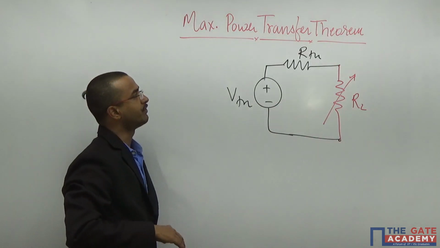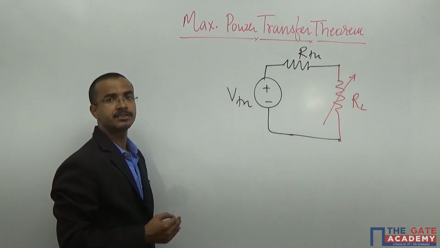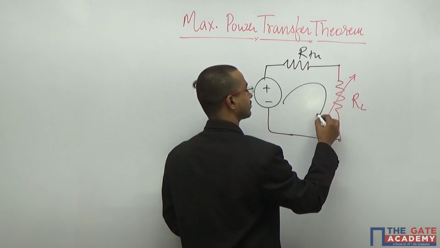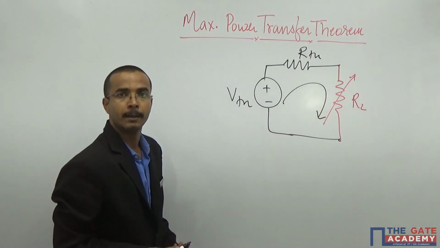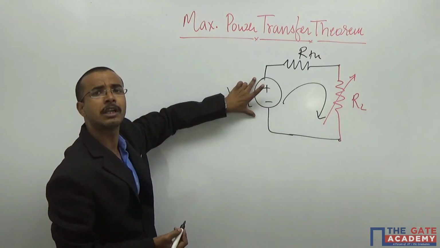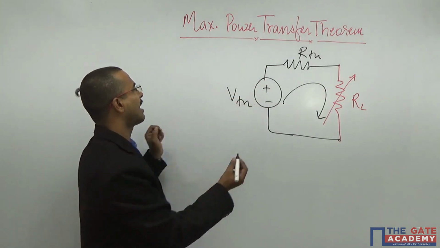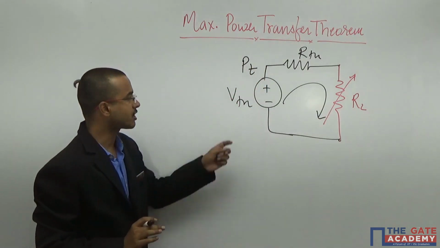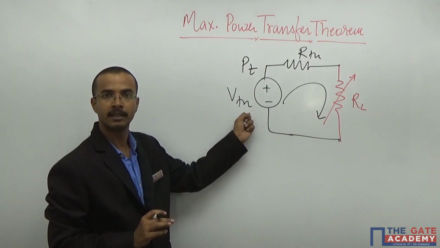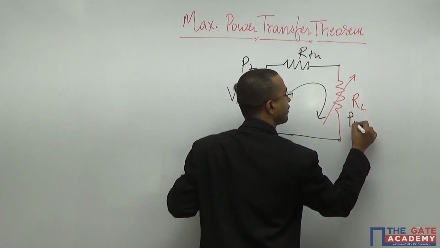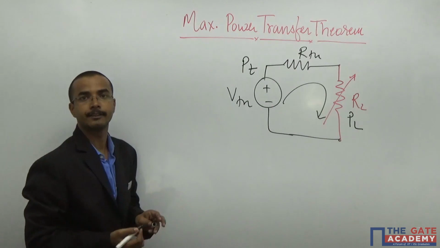But before going to further discussion, I want to tell you how to calculate the power. If some voltage is generated here, I assume the total power across my source is PT, and the load power which I get here is PL.